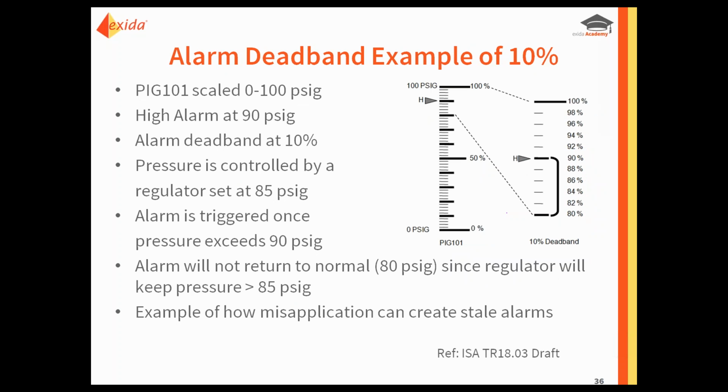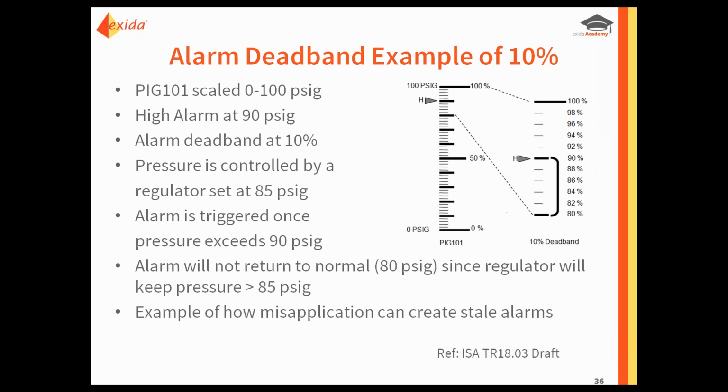Now let's look at that same scenario, but a little bit different of a control strategy. A 10% deadband and a pressure regulator thrown in there that prevents the pressure from going below 85 psig. So in this case, again, high alarm limit at 90. The value of pressure goes above 90, the alarm is triggered. Any fluctuations between 90 and 80 won't clear. And now we need for the pressure to go below 80 for the alarm to clear.